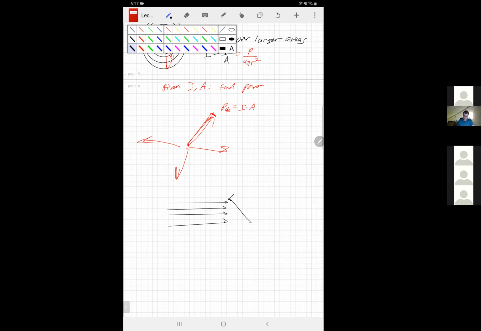It's got some area A, but it is tilted at an angle theta. What did you get on the assignment? What did you get for your answer for the rate at which it would absorb power?